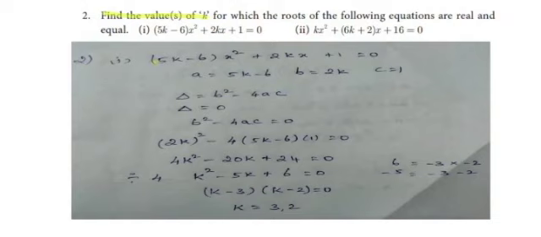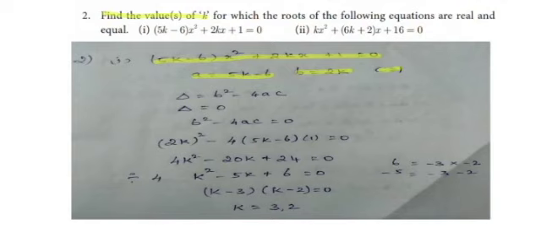The first question is (5k − 6)x² + 2kx + 1 = 0. The general form we know is ax² + bx + c = 0. So A is 5k − 6, B is 2k and C is 1.